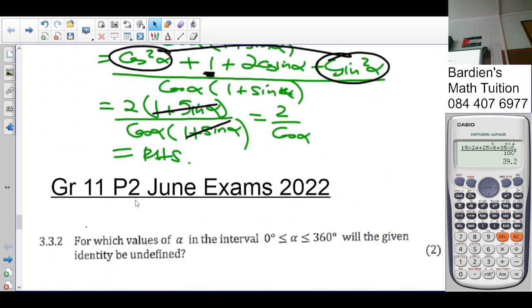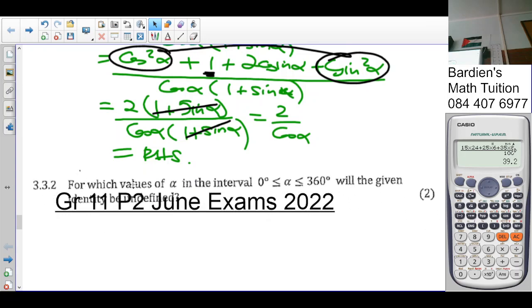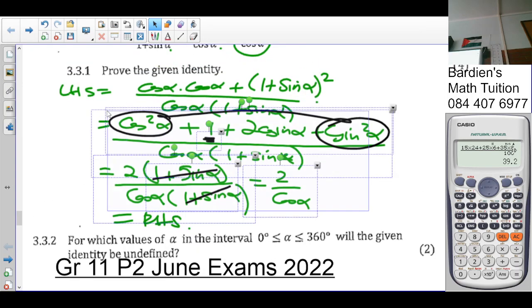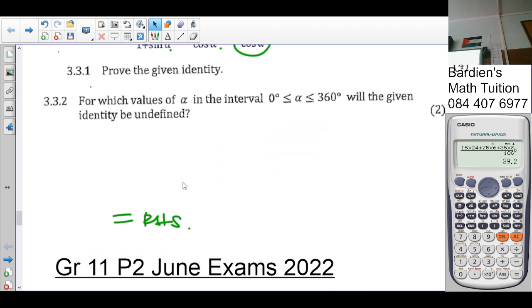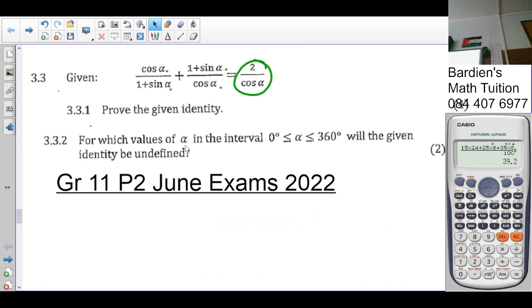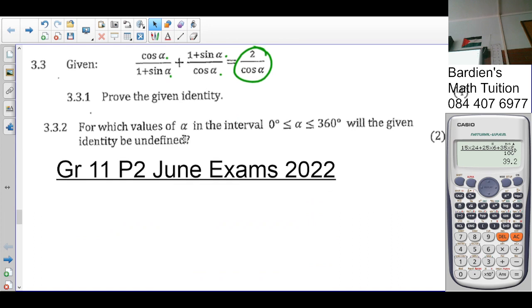Okay. Then the next question says for which values of alpha in the interval 0 to 360 will the given identity be undefined? When will something be undefined? It's when the denominator is equal to 0, not so?